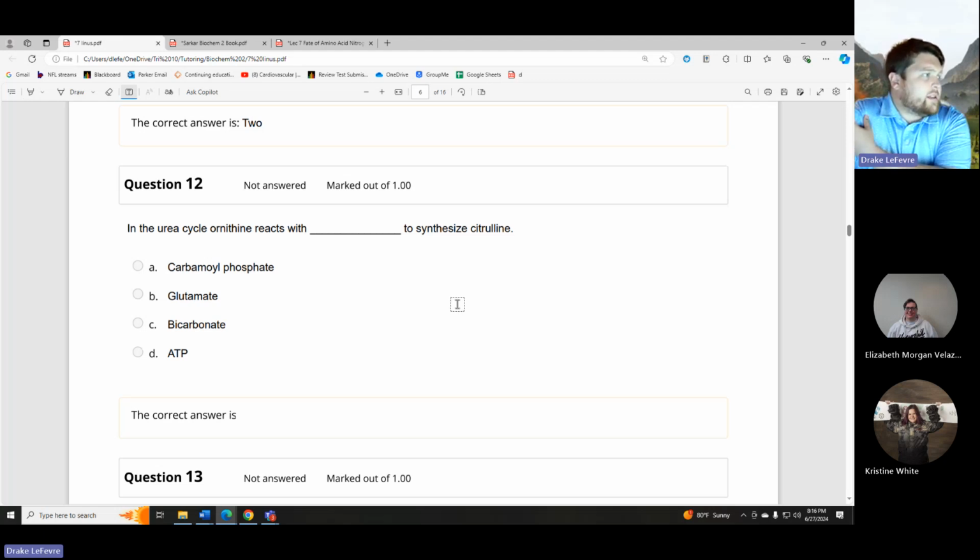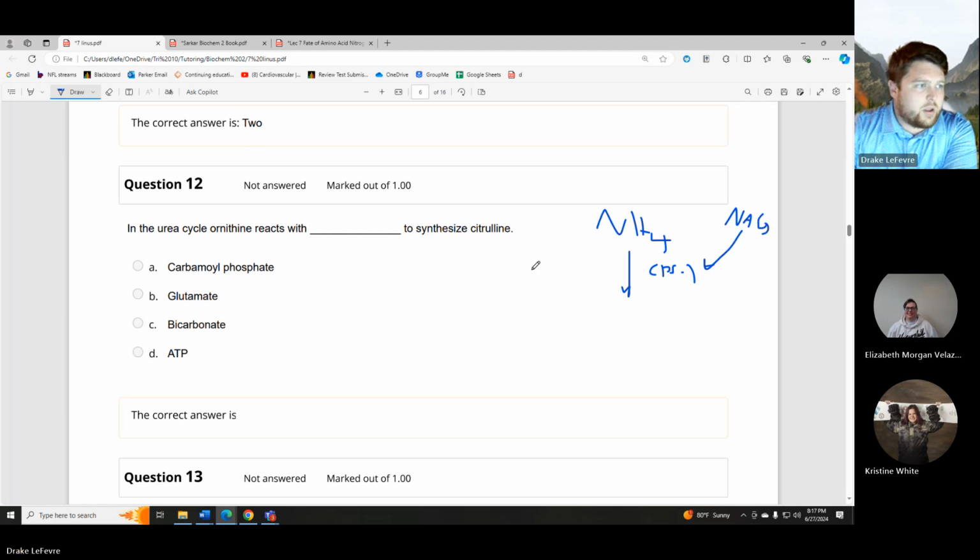The urea cycle ornithine reacts with which of the following to synthesize citrulline? Just think up there at the very, very top of that reaction. We start out with our ammonia. Ammonia messes with, we get our CPS 1 that's activated by that NAG. We have B6 that's active in there as well. There's some ATP and some other stuff in there.